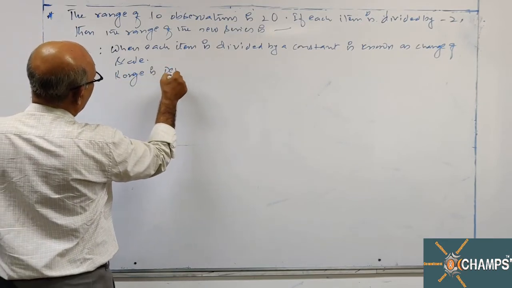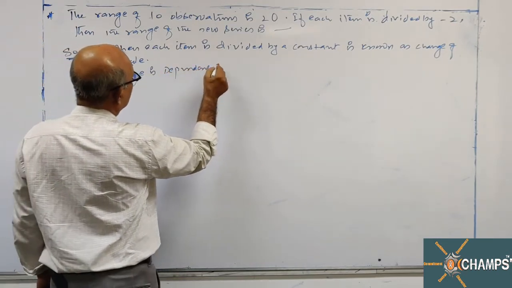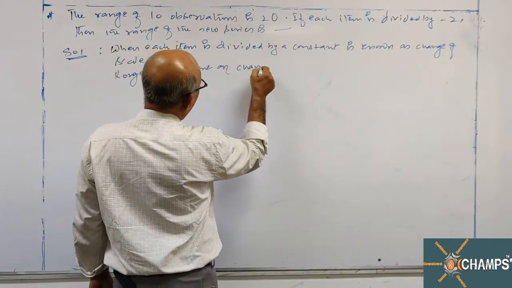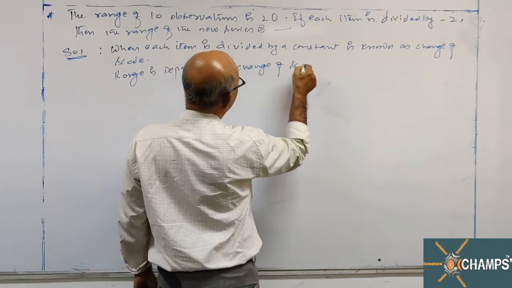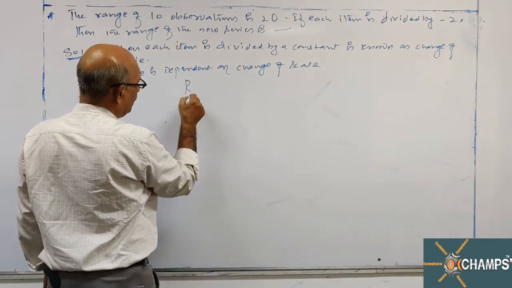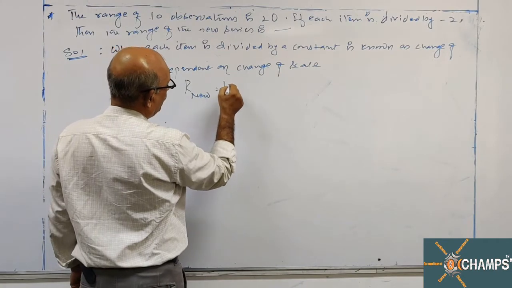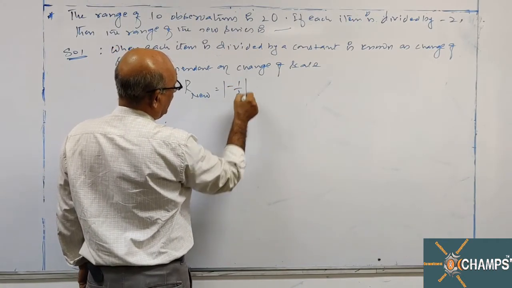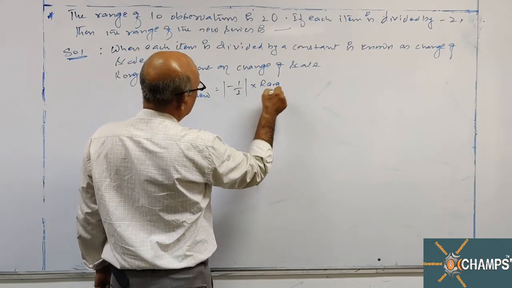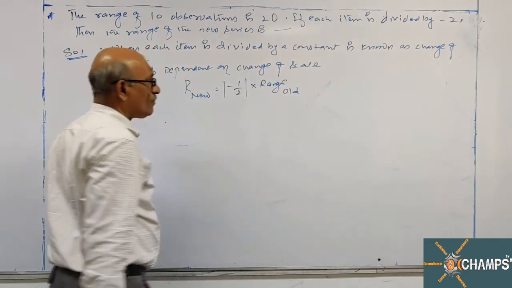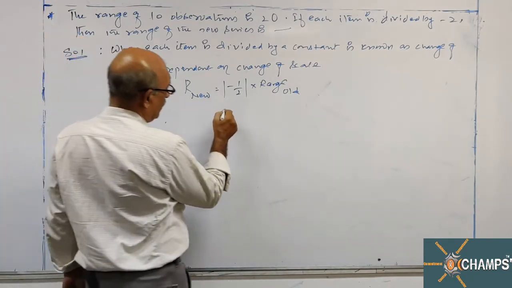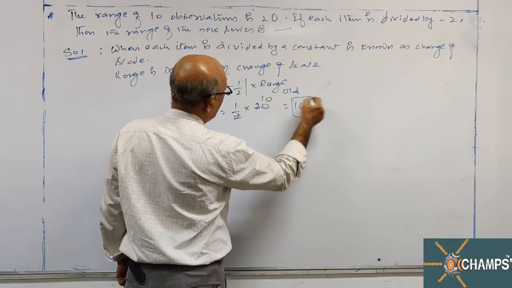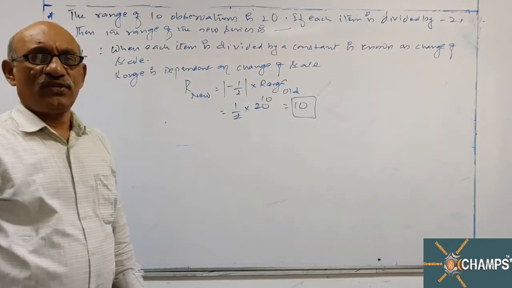Range is dependent on change of scale. Range of new series is equal to modulus of -1/2 into range of old series. So this is equal to 1/2 into 20, which is equal to 10. Range of the new series is equal to 10.